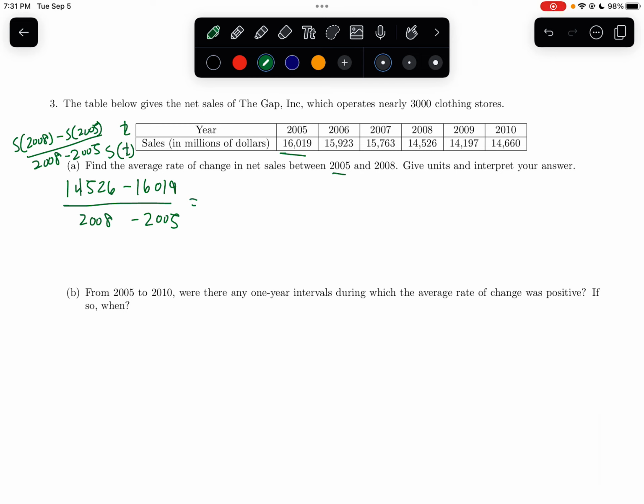And in the numerator, you have negative 1493, and divided by 3. That gives you approximately negative 497.7.